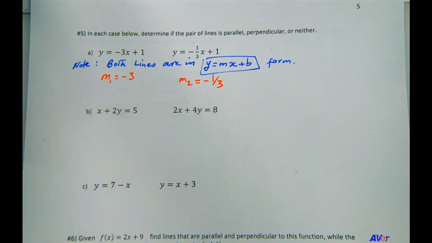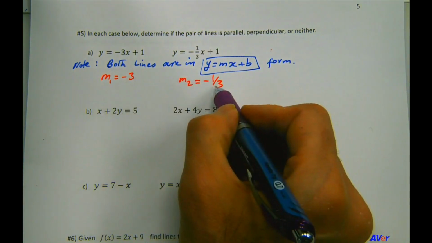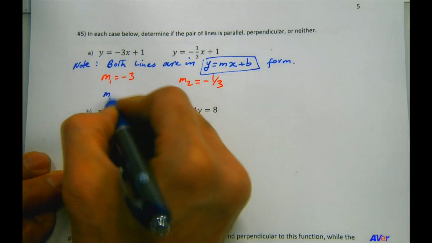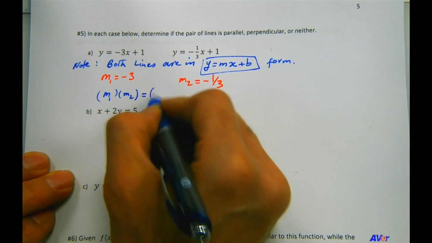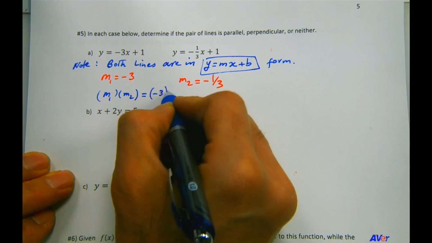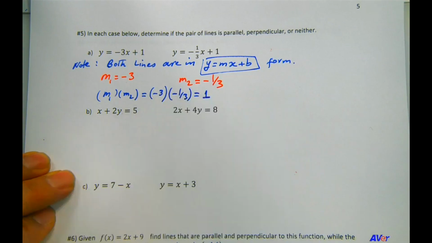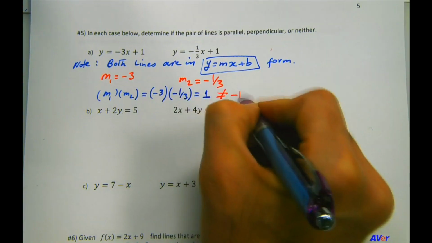Are they equal? No. So these two lines are not parallel. If we multiply this by this, what do we get? Let's do that. m1 times m2 equals -3 times -1/3 equals +1, which is not equal to -1.